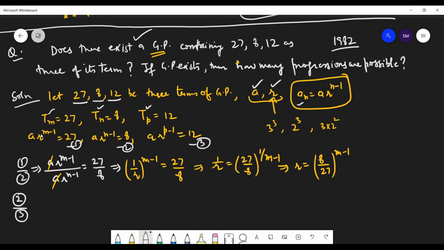So you get r raised to the power n minus p equals 8 by 12, which you can further simplify to 2 by 3. So you get r as 2 by 3 raised to the power 1 by n minus p. Very good.